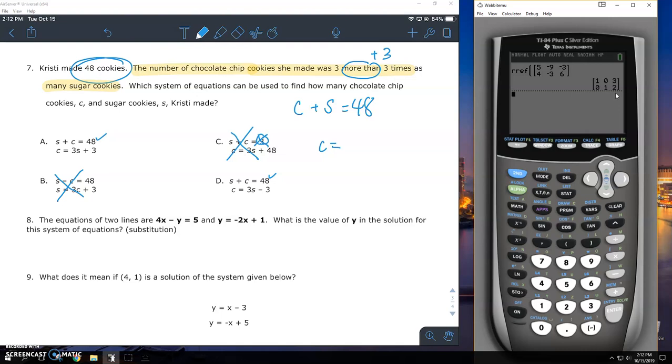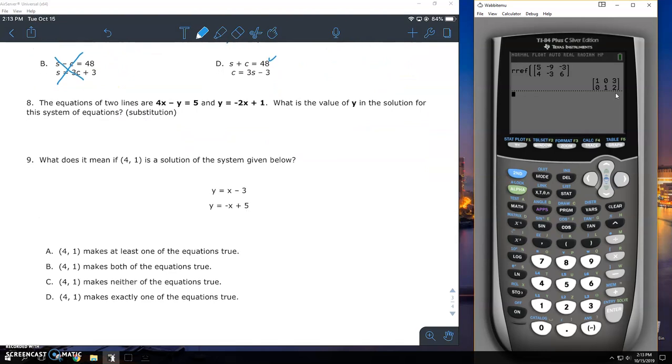So 3 times as many is going to be multiplication. So I'm going to say 3 times the sugar cookies. So that gives me 3S plus 3. And the only answer choice that I have left now is 3S plus 3. So A is going to give me my systems that will help me solve.